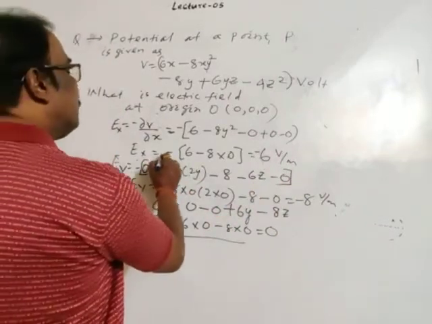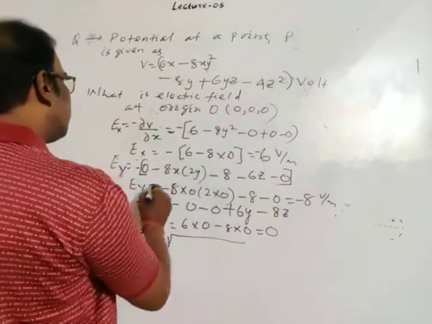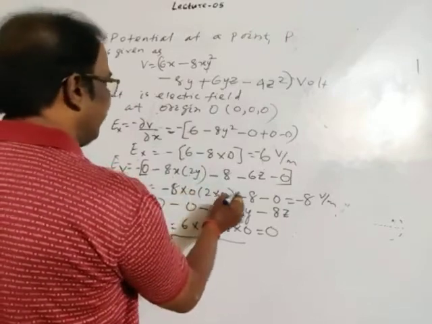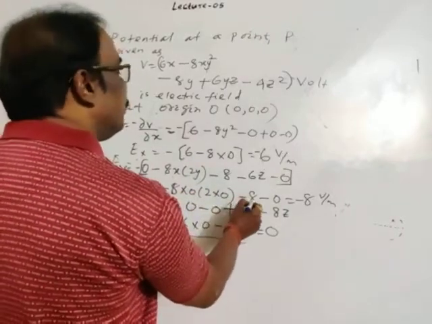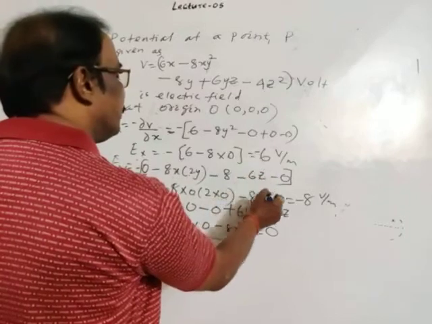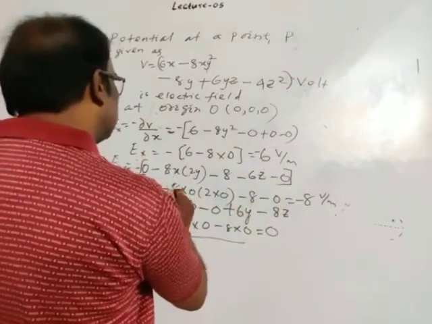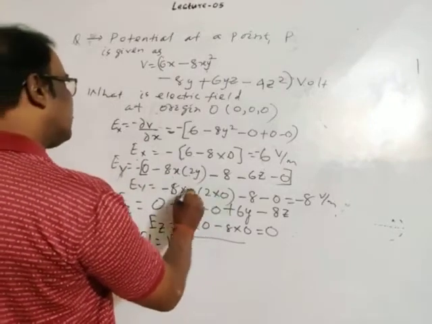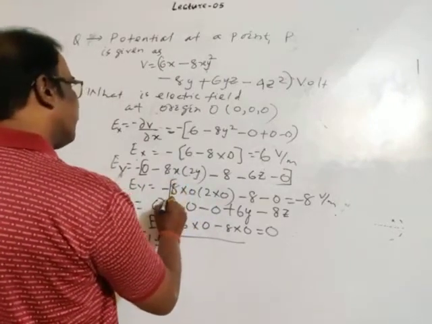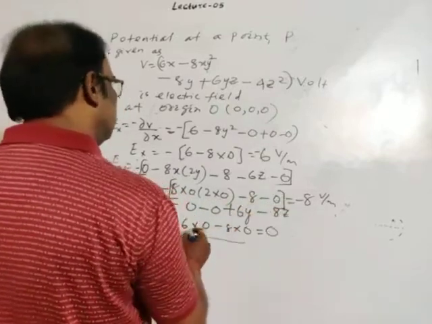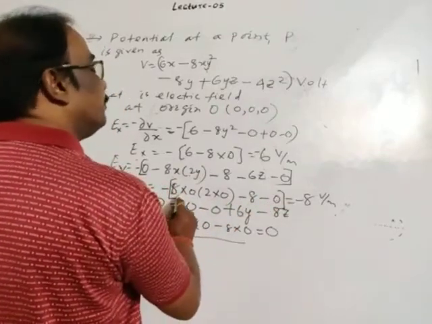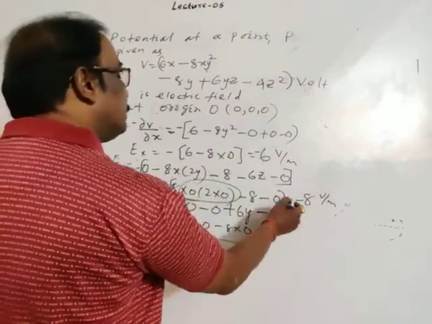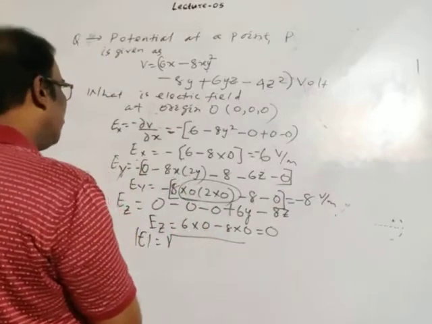This is minus, so this is 6 minus 6, so this is negative. 8x, x is 0. 2y, y is 0. Minus 8. So inside the bracket, this is 8. Sorry, this is total 0. This is minus 8 volt per meter.